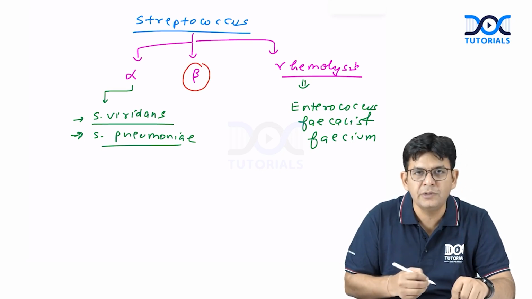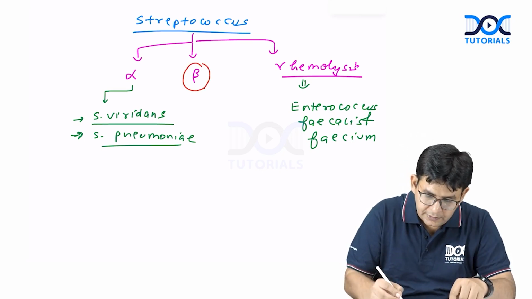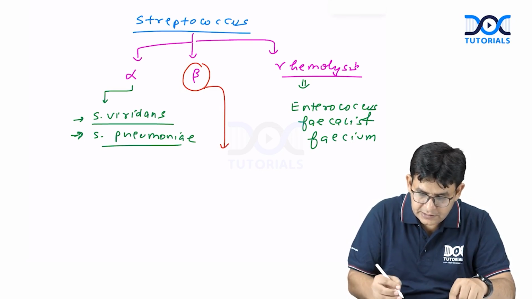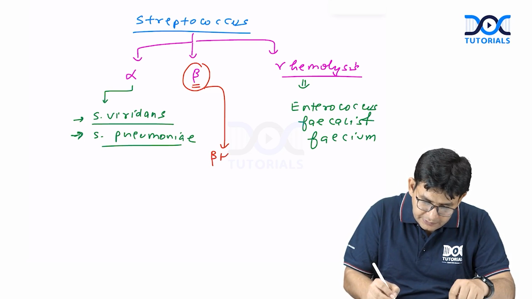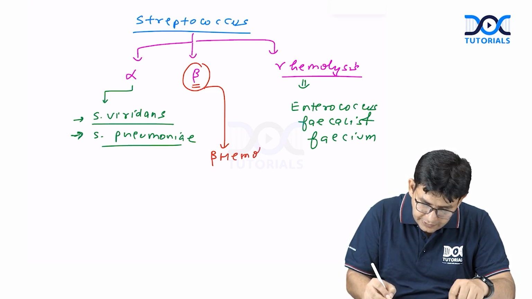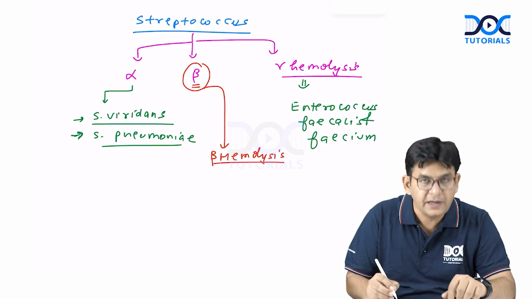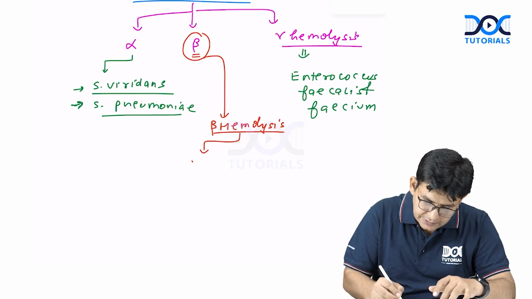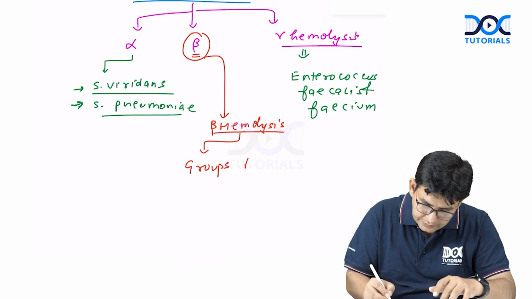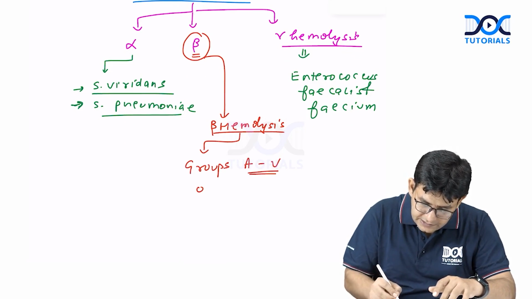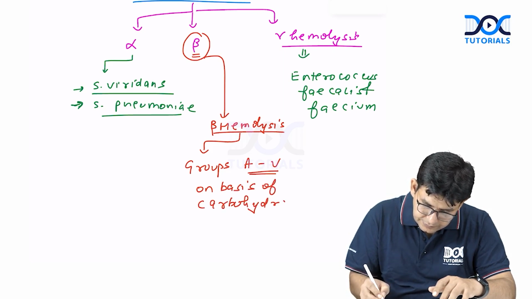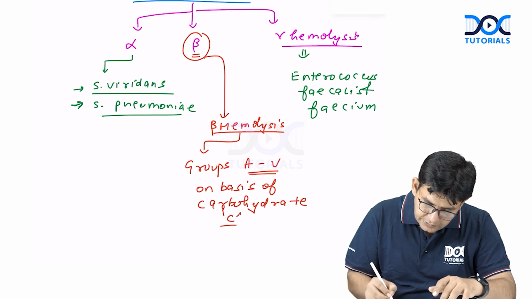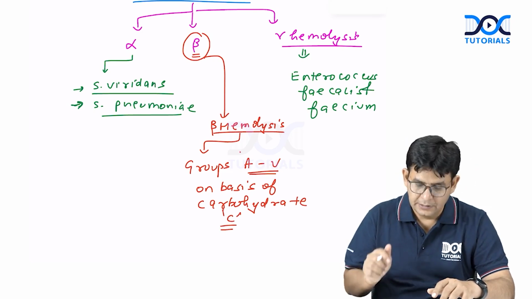Regarding beta hemolysis, remember this: those particular Streptococcus which show beta hemolysis are classified into groups A to V on the basis of carbohydrate C. They are classified on the basis of what?